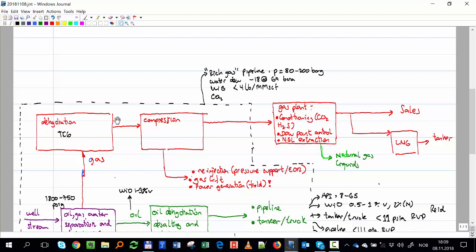Okay, so that's extremely critical. If your field has too much CO2 or too much H2S, then I have to include conditioning before, and that's very expensive. I cannot wait to do it on the plant. So this should be below 2.5 mole percent.